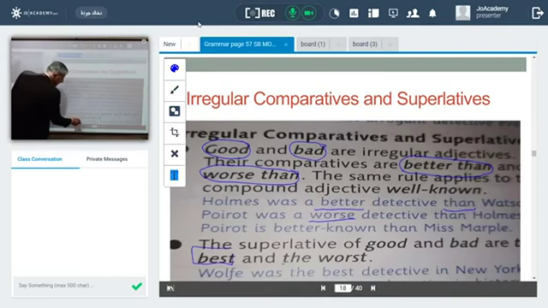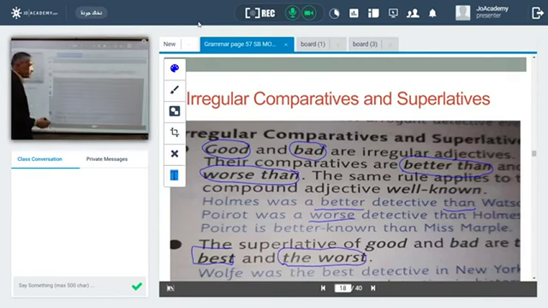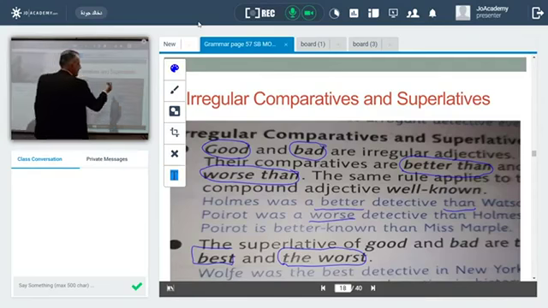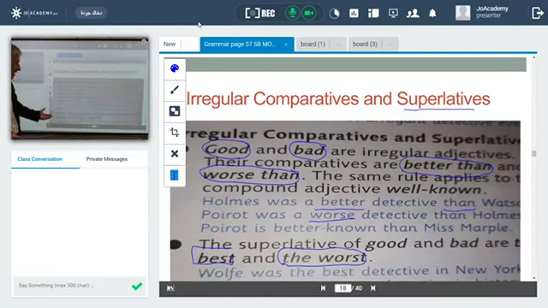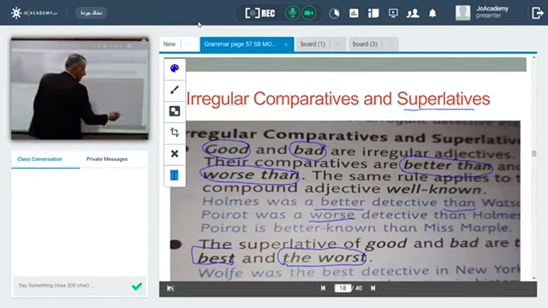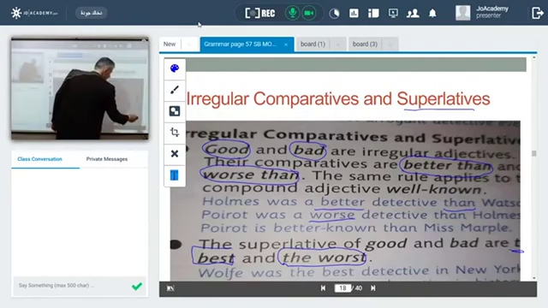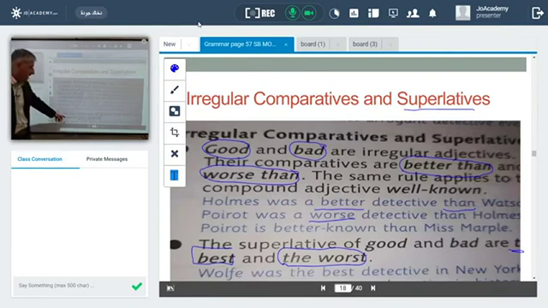The superlative of good and bad are the best and the worst. If I want to make it superlative, صيغة تفضيل عليا, I make the best, the best and the worst. So with the superlative, we have to put the before the adjective.